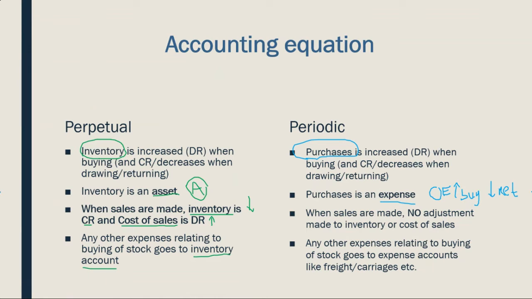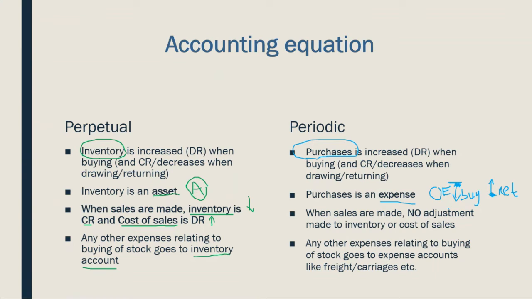So this would actually decrease here. And when we return stuff, it would increase the owner's equity. So it's exactly the opposite of what the expense would do. So for the purchases account, it would increase it, but it does the opposite in the owner's equity.